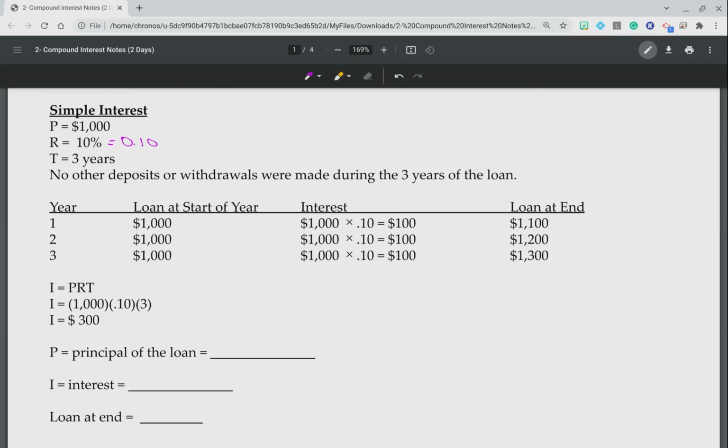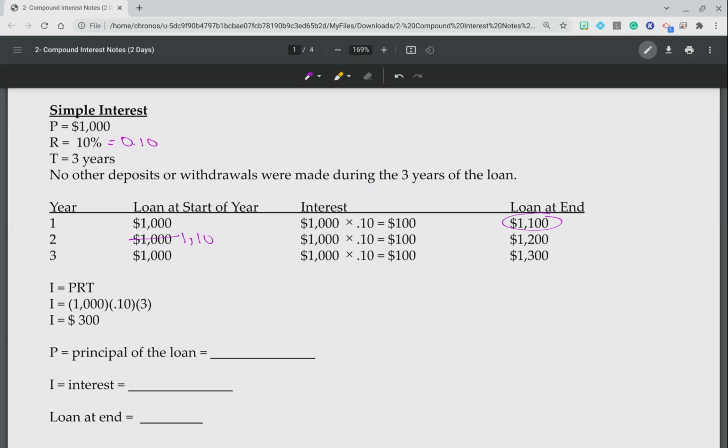We took that, multiplied it by the rate, and for the first year, the interest is only $100. This is our new principal. When we're doing this with simple interest, notice that all of these stayed 1,000. But if we were looking at compound interest, I would then take this number and that would be my new principal.